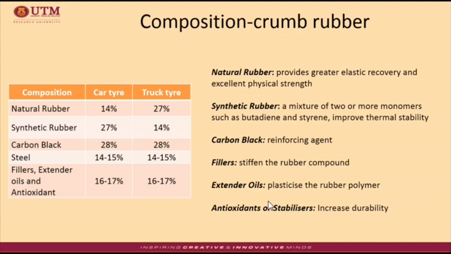And finally, an antioxidant or stabilizer. The function of the stabilizer is to increase durability because rubber polymers are highly susceptible to oxygen, which can result in brittleness, cracking, and degradation of the rubber compound.